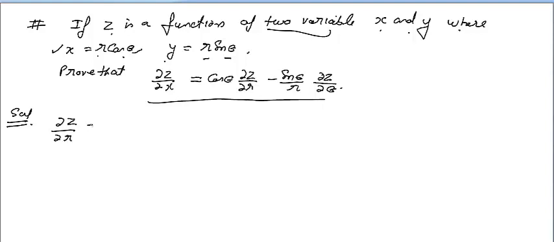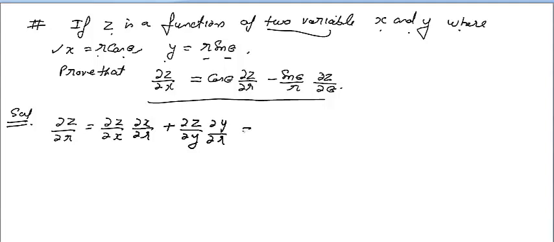When you find it with respect to R, that will be ∂Z/∂X times the derivative of X with respect to R, plus ∂Z/∂Y times the derivative of Y with respect to R. So this is done, correct?